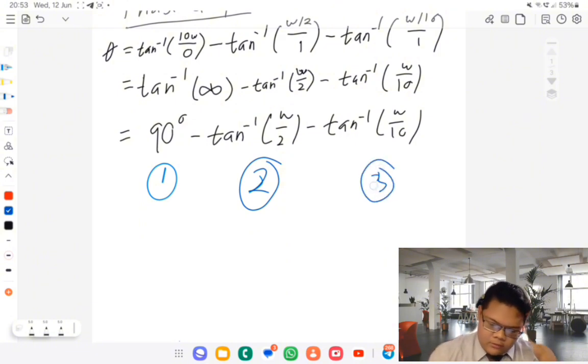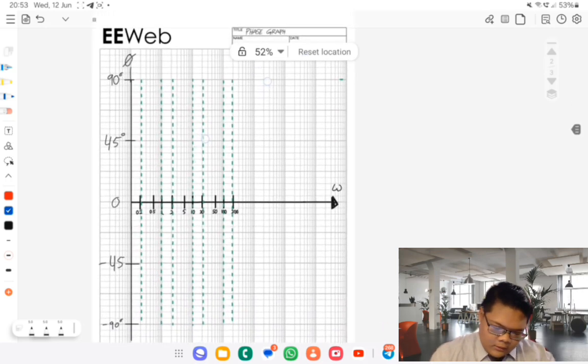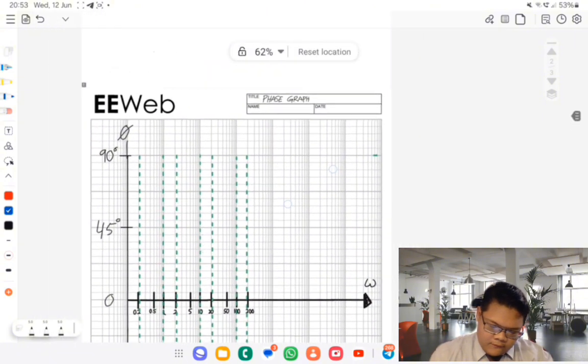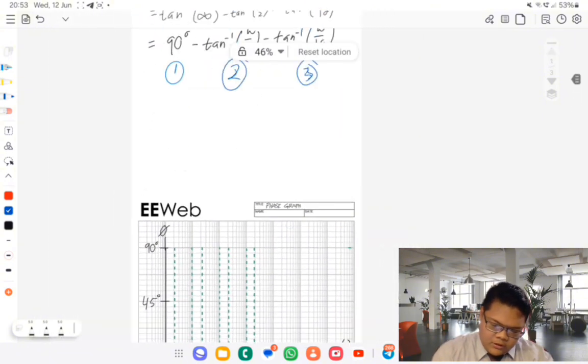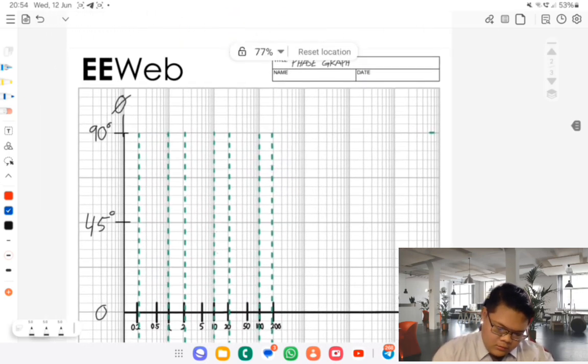Okay, so first of all, we go to the graph. At the graph, as we saw before, first we have to draw an imaginary line for 90 degrees. At 90 degrees, we have to draw a straight line, an imaginary line, which is a dash line.